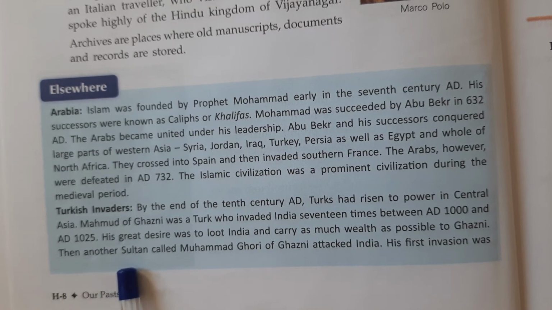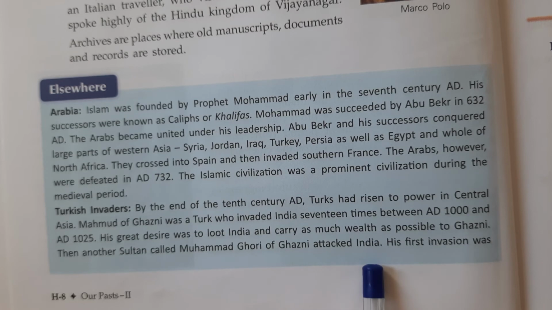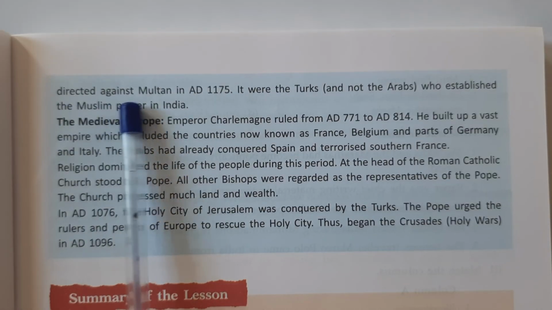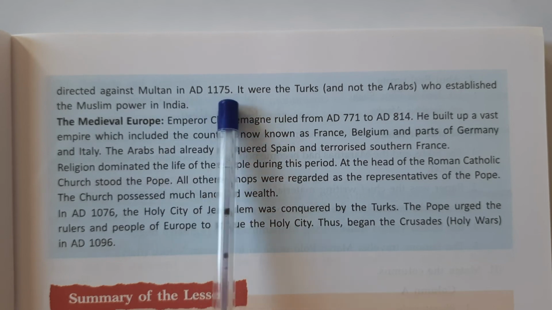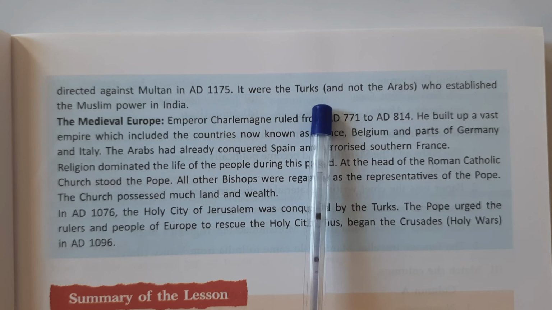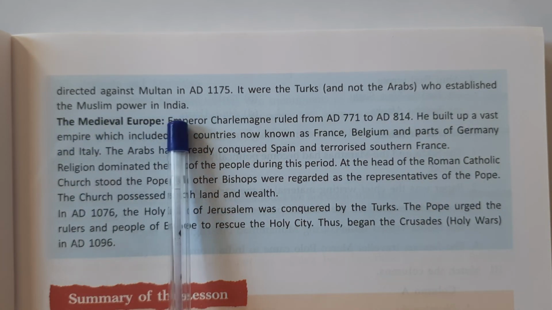Then another sultan called Muhammad Ghori of Ghazni attacked India. His first invasion was directed against Multan in AD 1175. It was the Turks and not the Arabs who established the Muslim power in India.